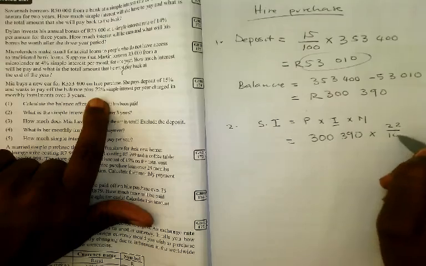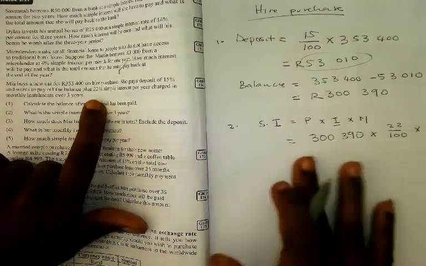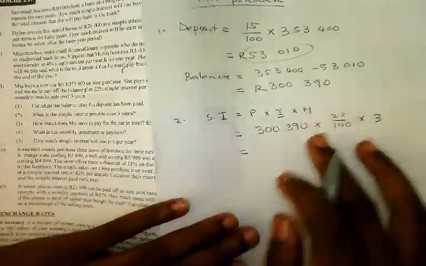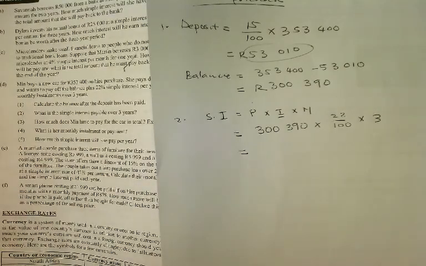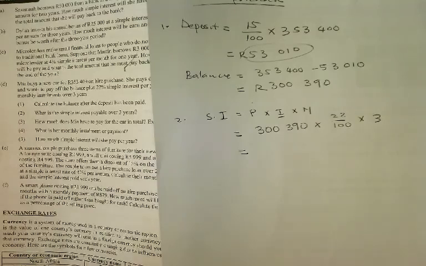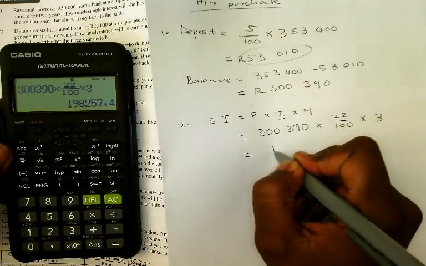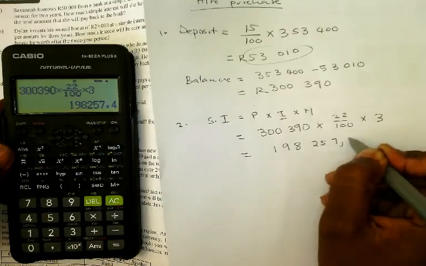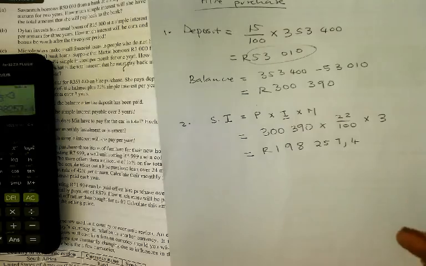So we use that formula and then we get that amount, 257.4. This is the interest that is charged. It's the additional cost that you need to pay when you are taking it via hire purchase.